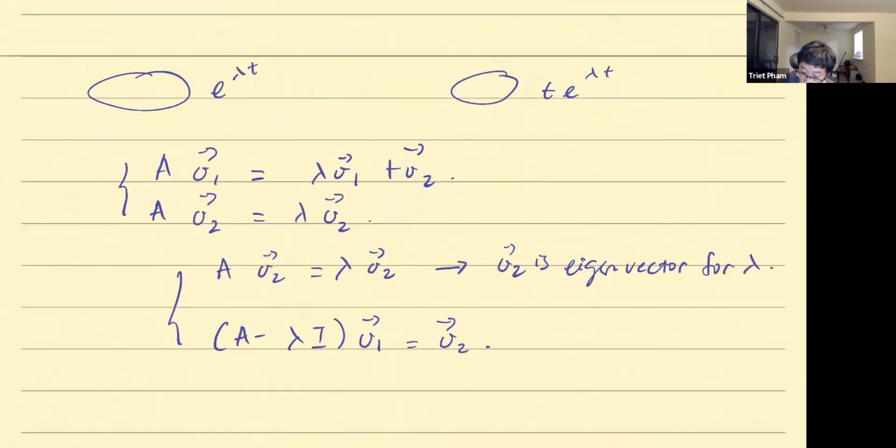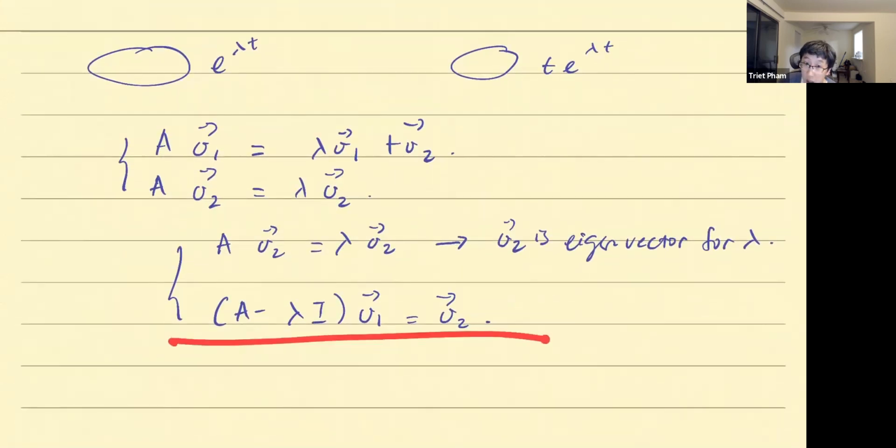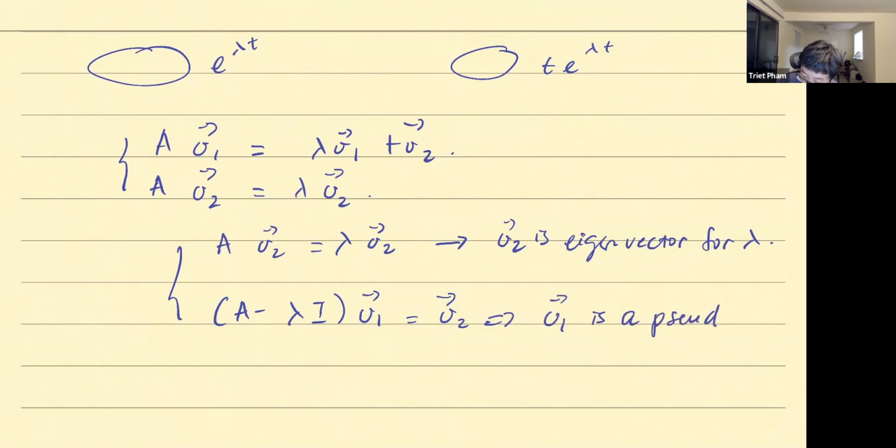Our equation says V1 must be this guy. What does this mean, right? This actually is referred to as V1 is a pseudo eigenvector for lambda. Okay, that's the terminology for it.